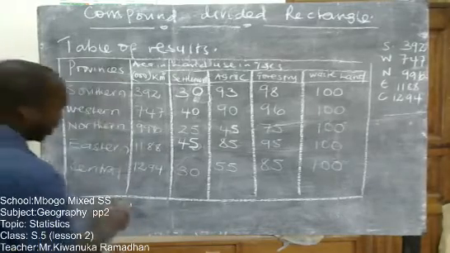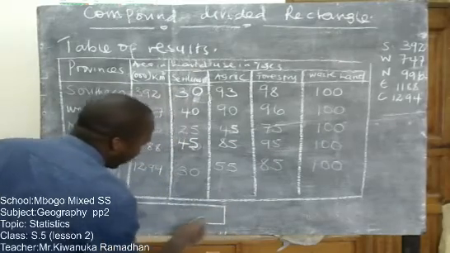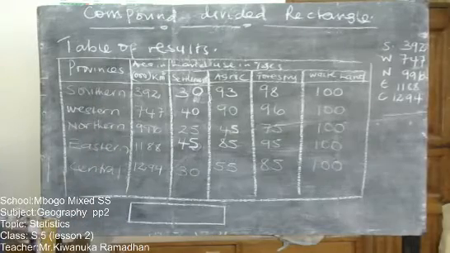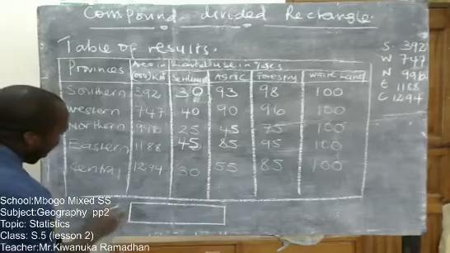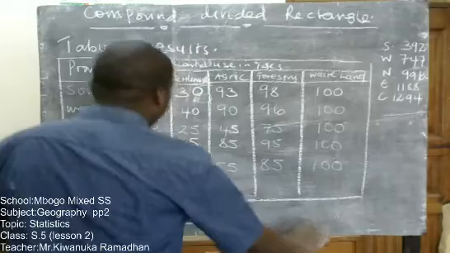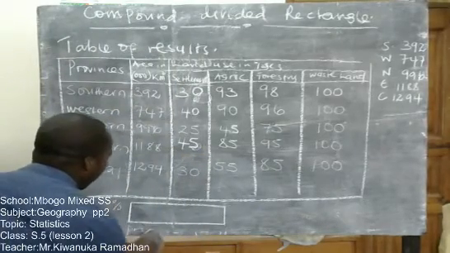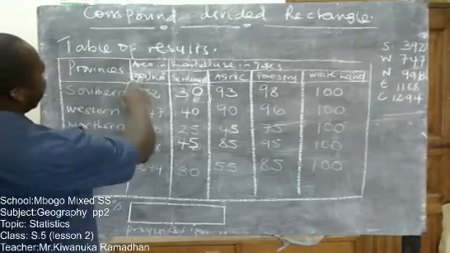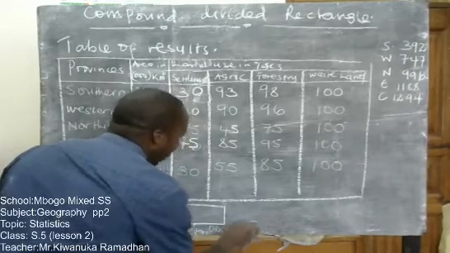Here, vertically 10 centimeters, then horizontally around 15 centimeters. Here, along the vertical, we are going to put percentage of land use. Then horizontally, we are going to put provinces in 1,000 square kilometers.